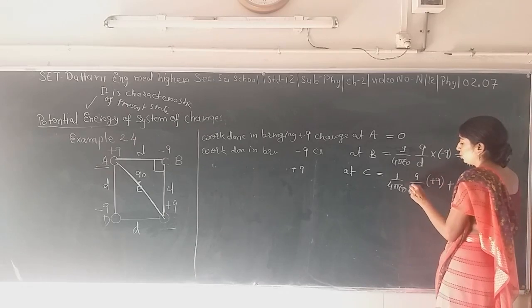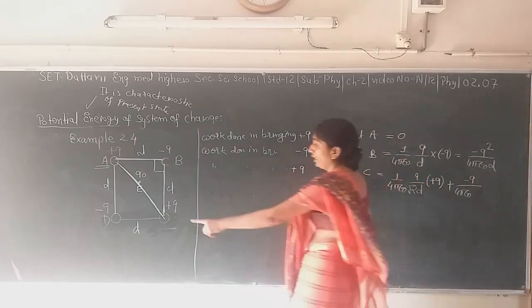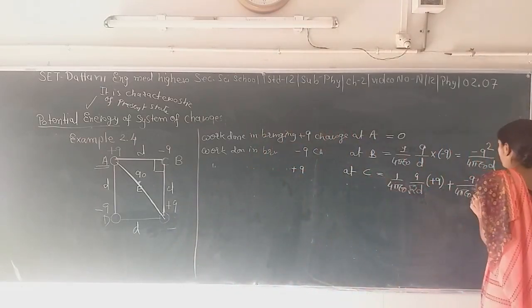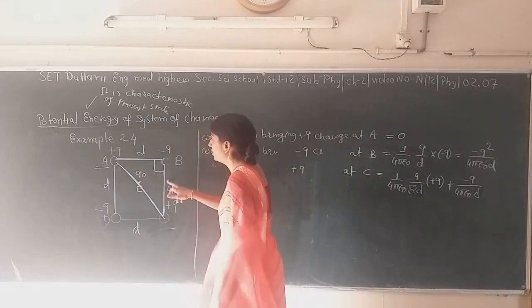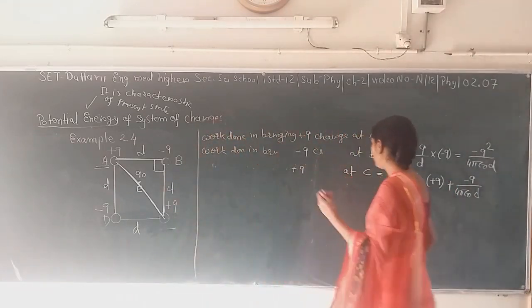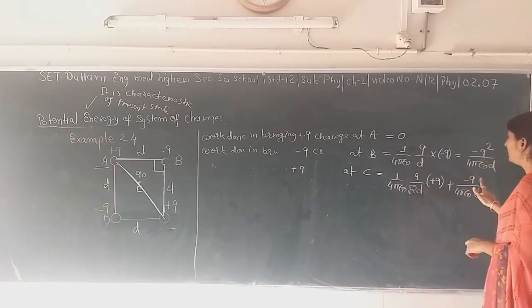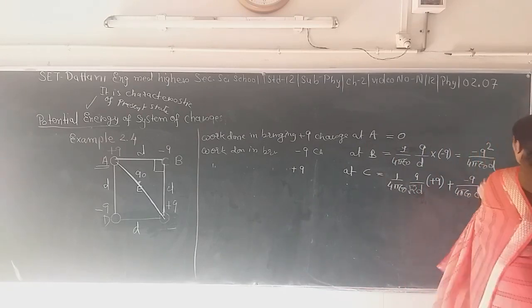So under root 2 d is the distance from A to point C. For B, this is going to be d, because the straight line joining B to C has distance d. So we substituted over here. This should be multiplied with the charge on C, which is plus Q.